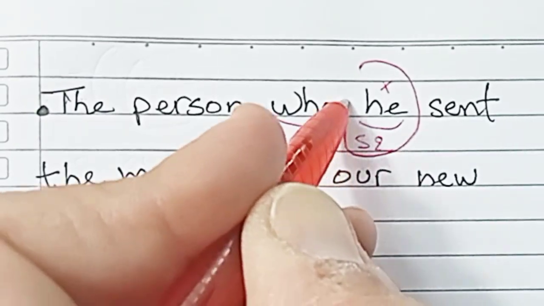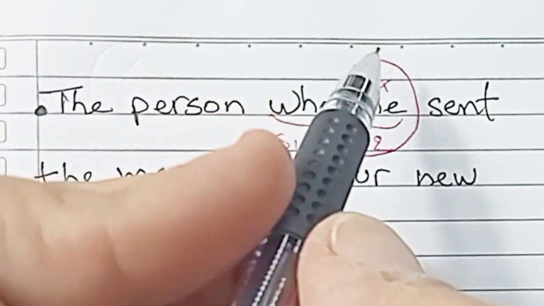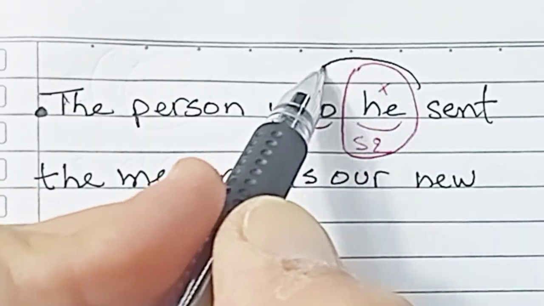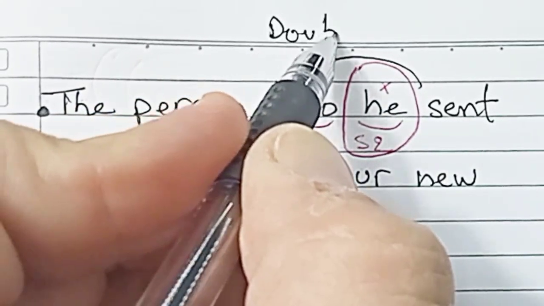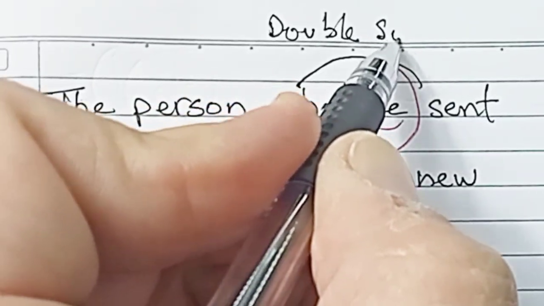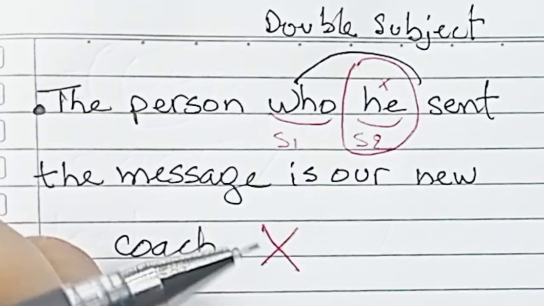Two subjects in a sentence is wrong. So we need to drop the second subject, which is the pronoun, the subject pronoun he. Okay? This mistake is double subject. We have two subjects.